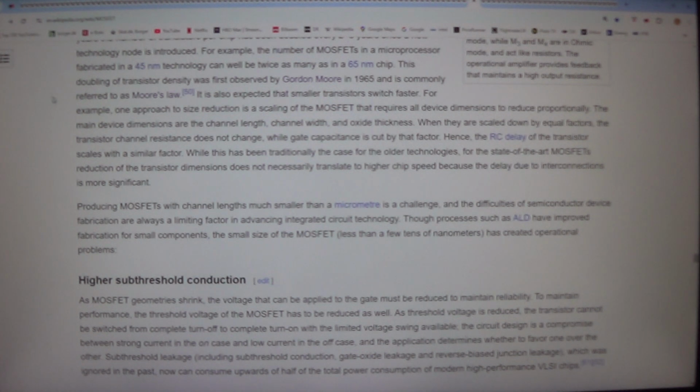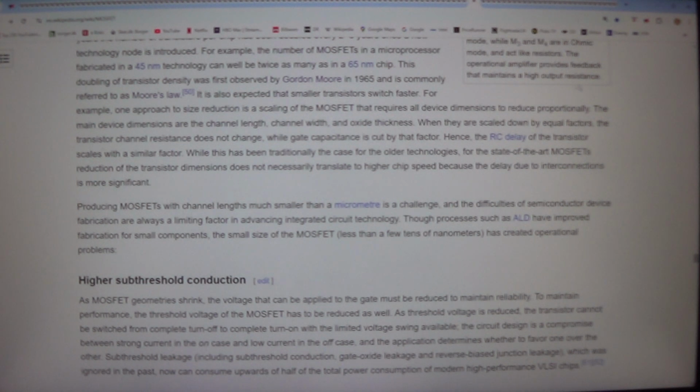For example, one approach to size reduction is a scaling of the MOSFET that requires all device dimensions to reduce proportionally. The main device dimensions are the channel length, channel width, and oxide thickness. When they are scaled down by equal factors, the transistor channel resistance does not change, while gate capacitance is cut by that factor.